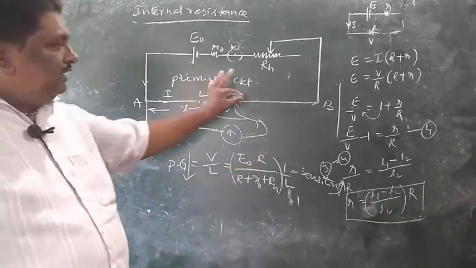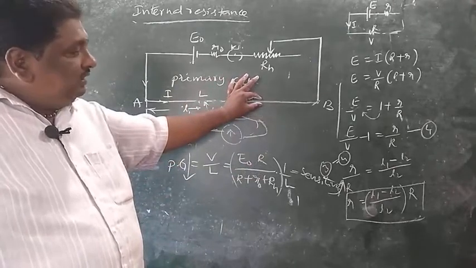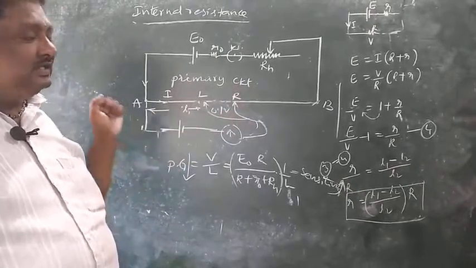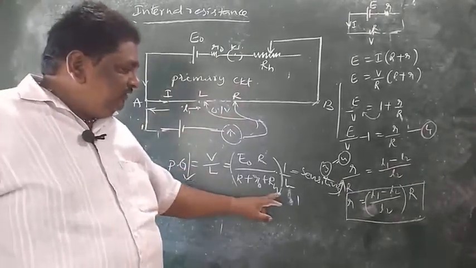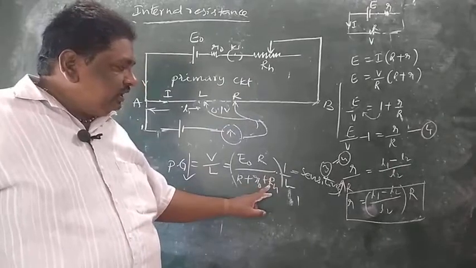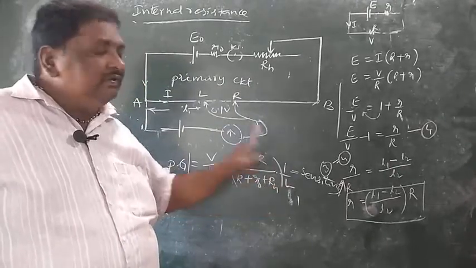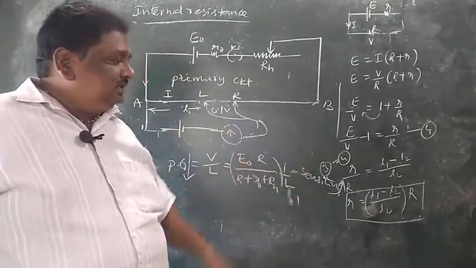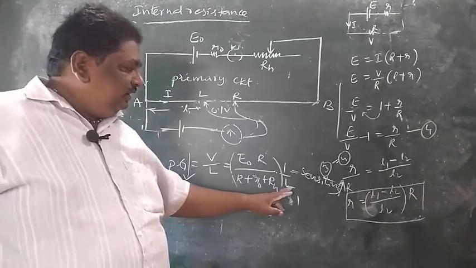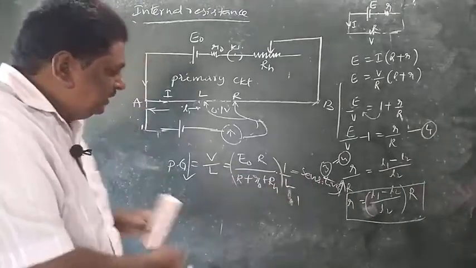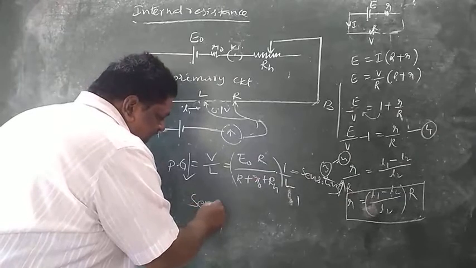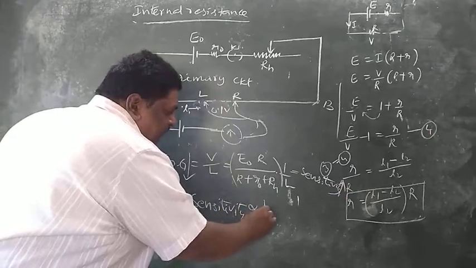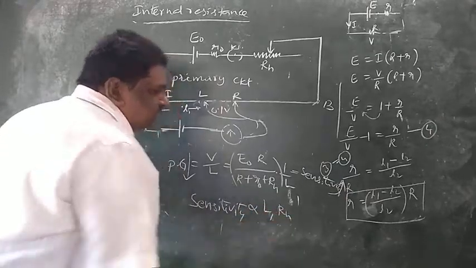So wire thickness does not influence the sensitivity. Only with the rheostat resistance increase or the length of the wire increase will sensitivity increase. So sensitivity is directly proportional to the length of the wire and the rheostat resistance.